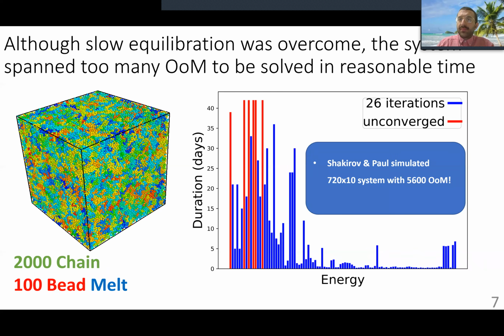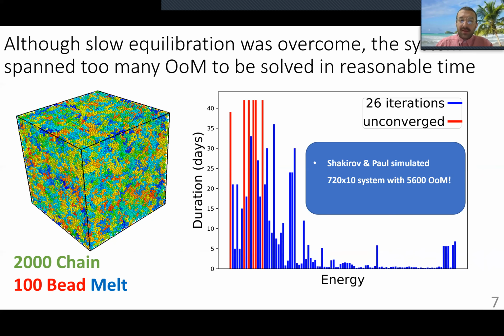So we were pretty confused by this, and we went to the literature to see what other people may have done in this domain. And we found this excellent paper by Shakarov and Paul in 2018 that simulated a far smaller system than ours. They claimed that their system spanned 5,600 orders of magnitude in terms of the entropy.